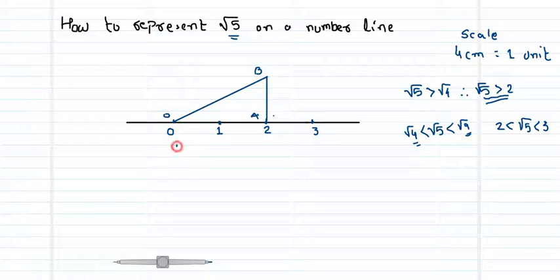The distance of OA is 2 centimeter, that is root 4.